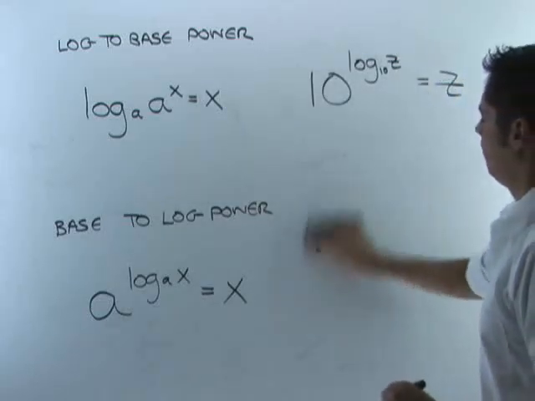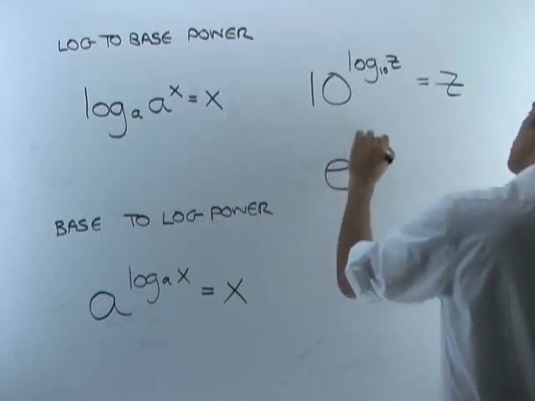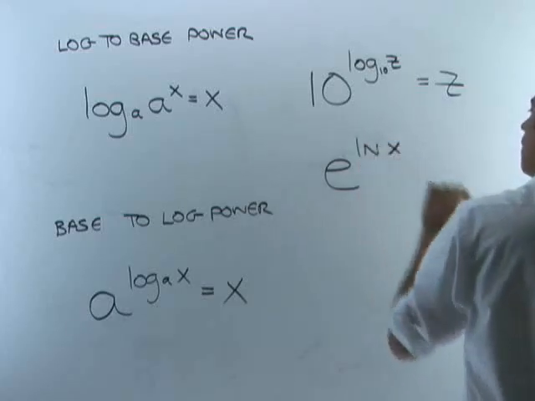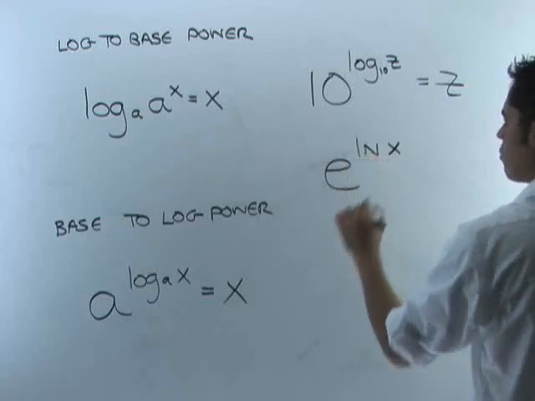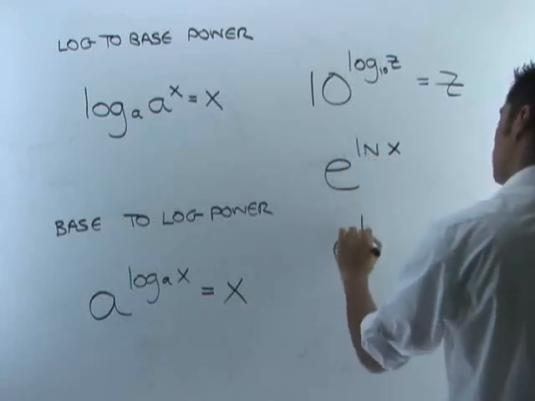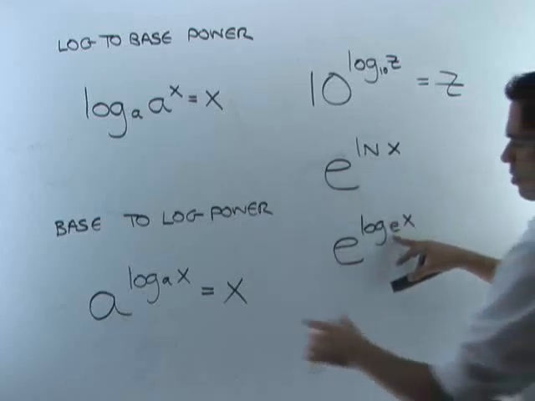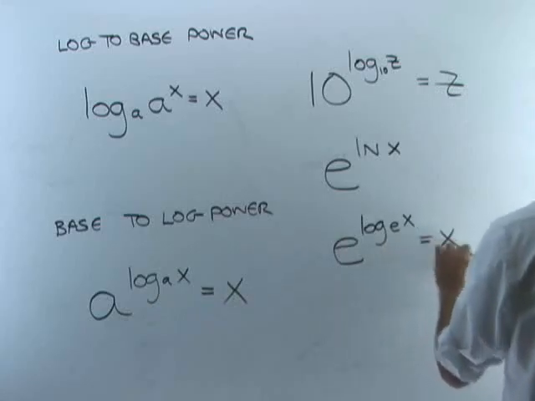I'll do another one. How about e to the natural log of x? Okay, that's tricky also, but let's just remember, what is natural log? Well, natural log is log base e of x, so that's what this means. So you can see here we have e to the log base e of x, so the answer should be just x.